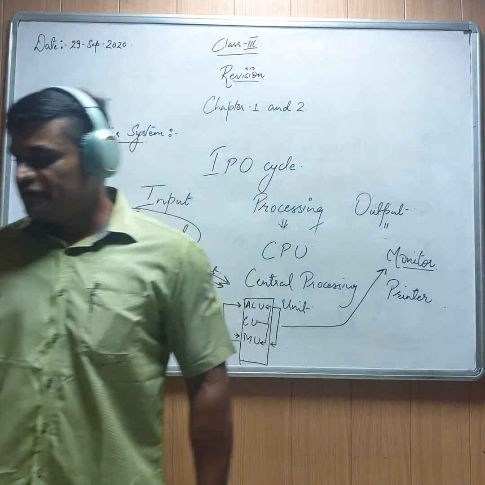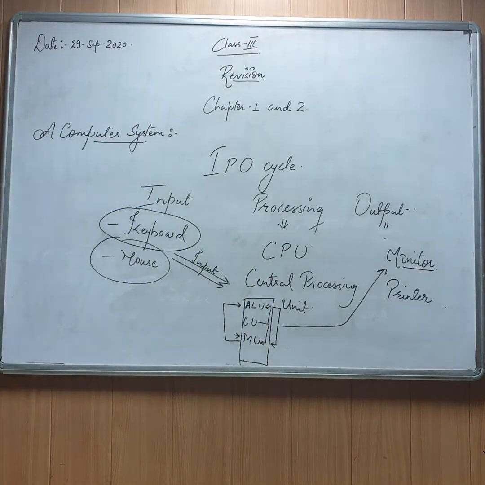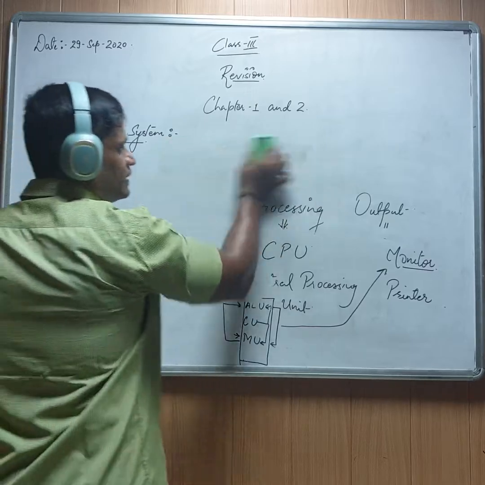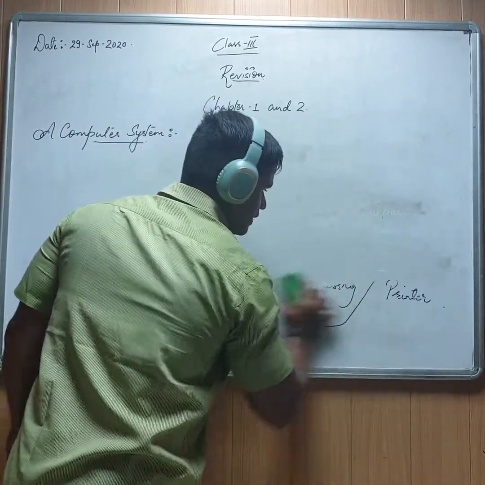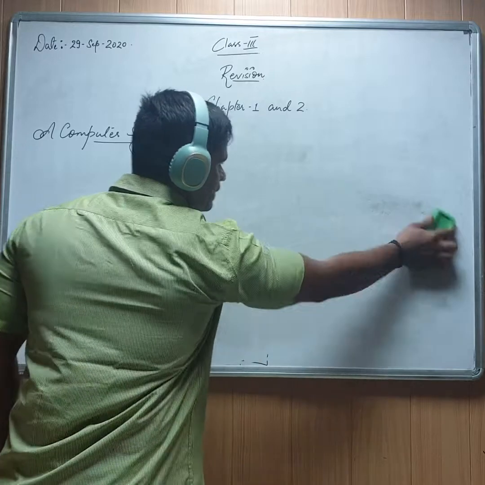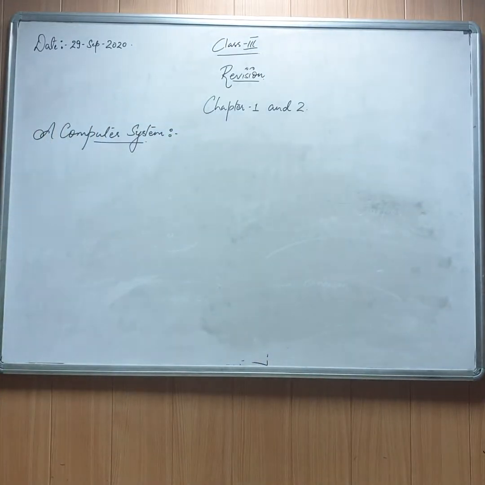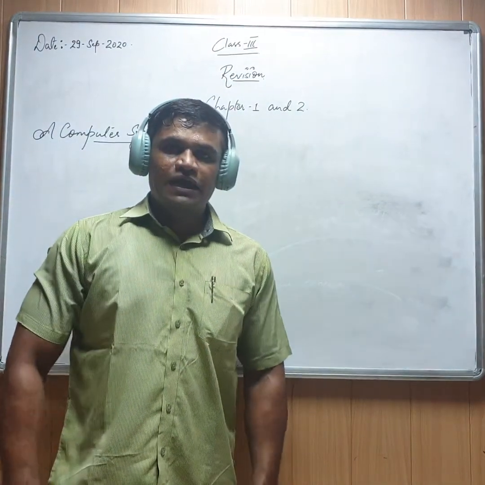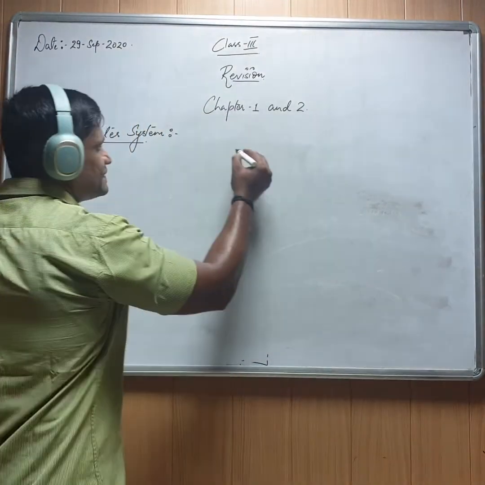Now, we will discuss the advantages of the computer. If we have a computer, what is the advantage of having a computer? The first is that computers have a very high speed.